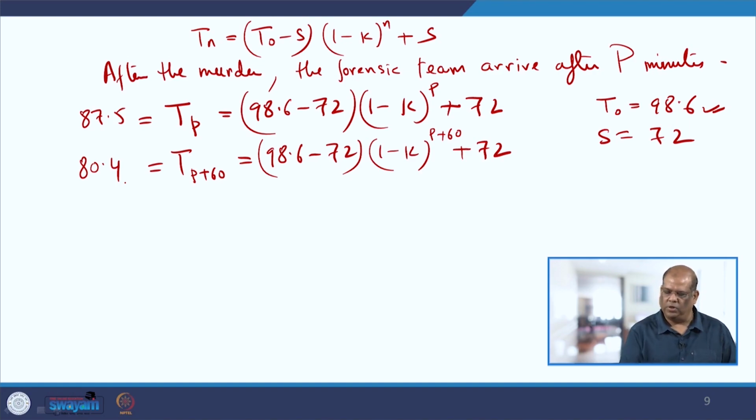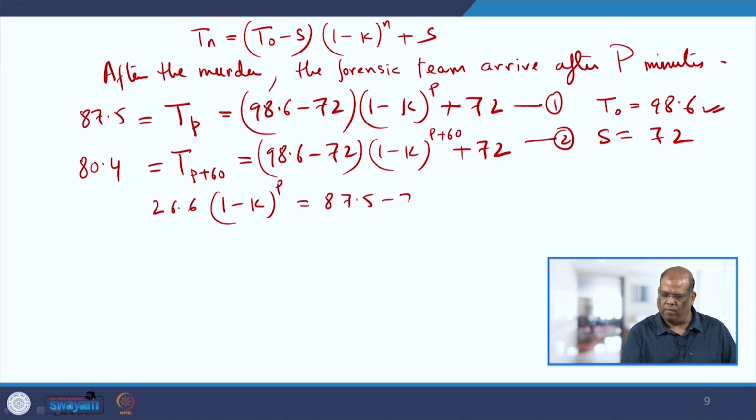From the first equation, what we will get is 26.6 into (1 minus k) to the power p is equal to 87.5 minus 72, which is 15.5.